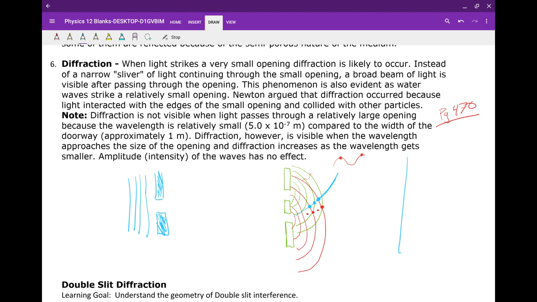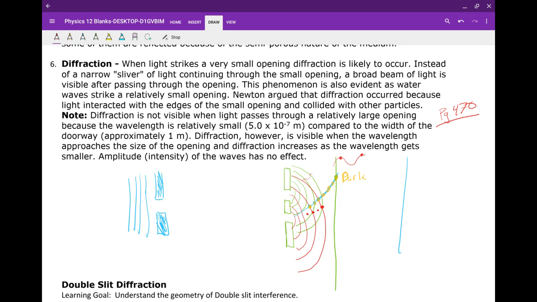Now, if I were to put a piece of paper here so you could see these things, notice these are all locations, and I'm going to talk about these orange little dots now. They're all locations where you would have a crest and a trough at the same location. This would end up being dark on the piece of paper.